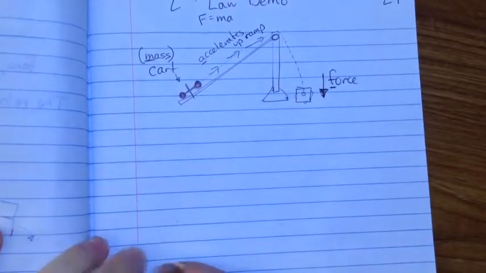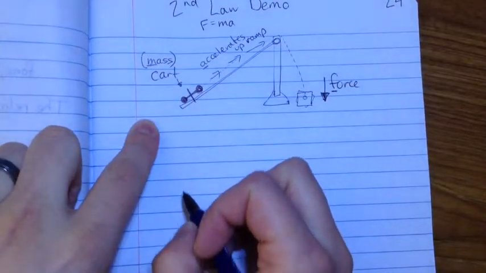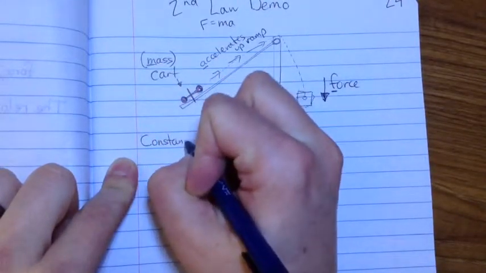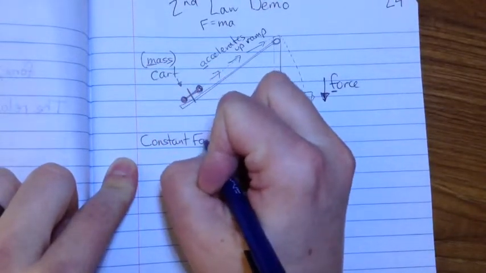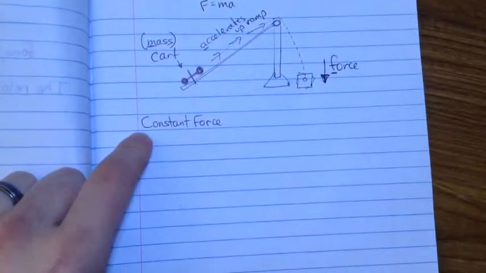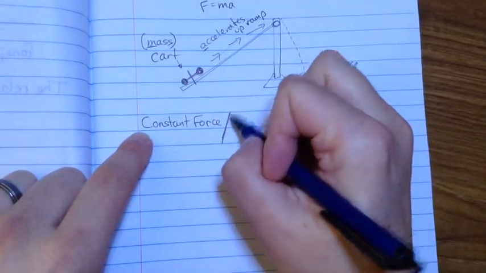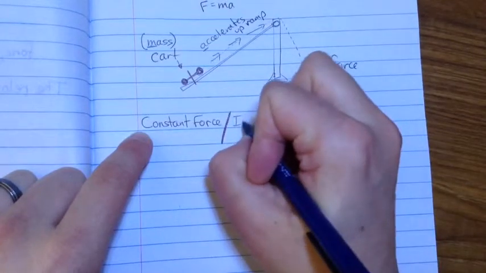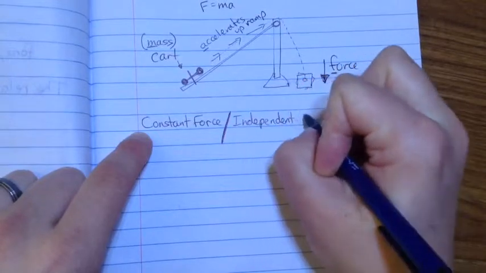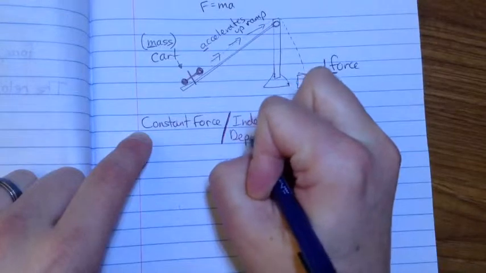For the first experiment, we are going to set up here, write down constant force. One of our variables we're going to hold constant, and the first one we're going to hold constant is force. With the force held constant, I'm going to have an independent variable and I'm going to have a dependent variable.